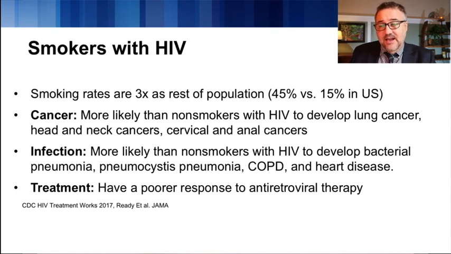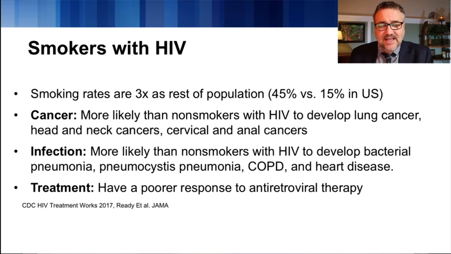The other is that cancer risks are much higher for people who have HIV who smoke versus people who have HIV and don't smoke. And this includes lung cancer, head and neck, cervical cancers. Infection rates are also more likely in HIV folks who smoke, and that includes pneumonia, PCP, and then also we have the same risks of COPD and heart disease.